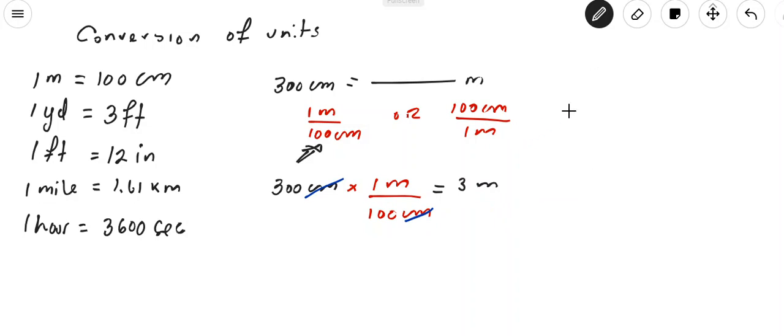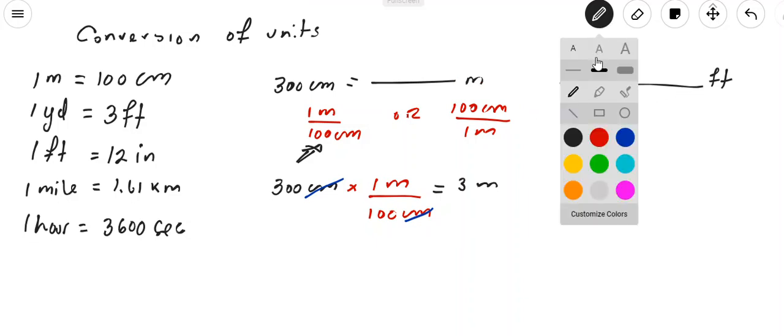So suppose that we have 27 yards and we want to convert these 27 yards into feet. I know that I have two possible relations. So we want to convert the 27 yards into feet.